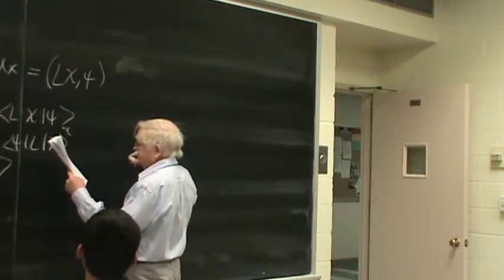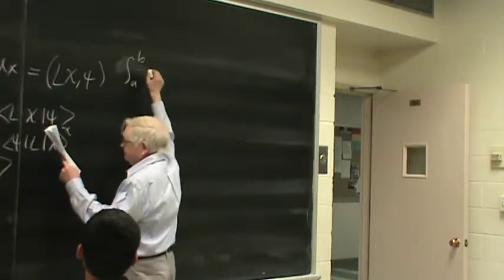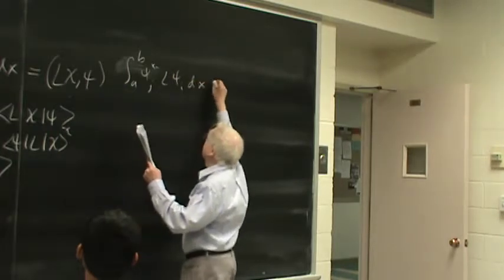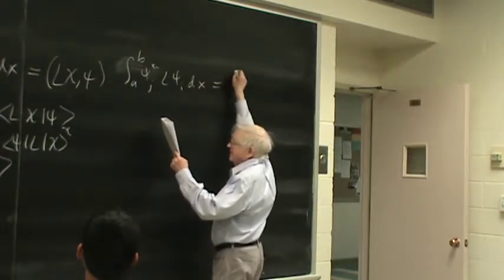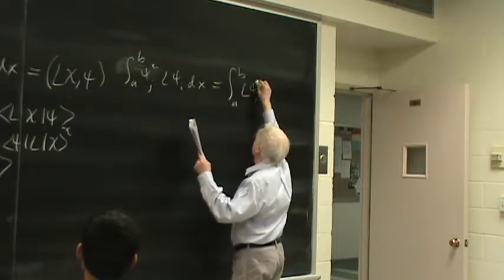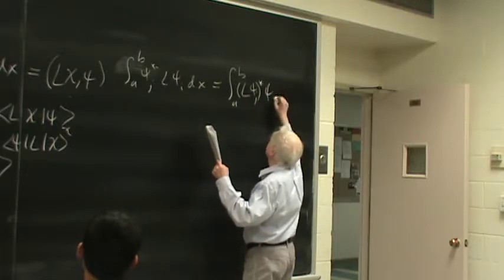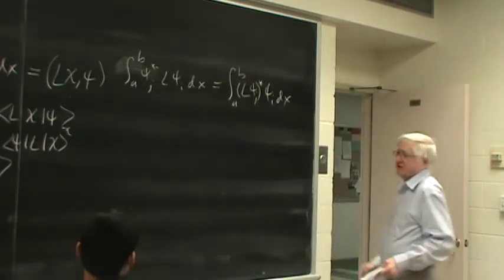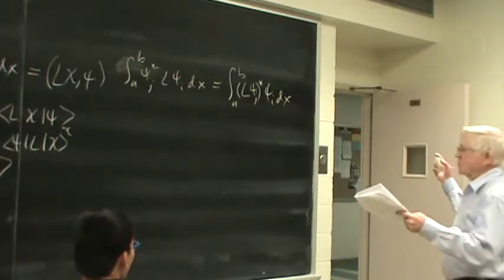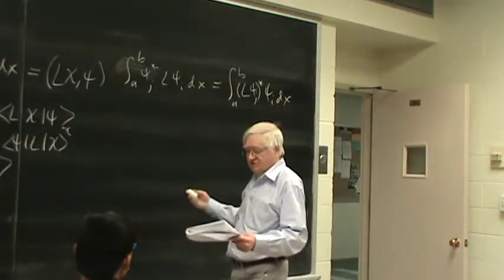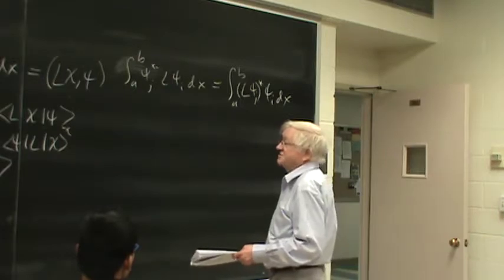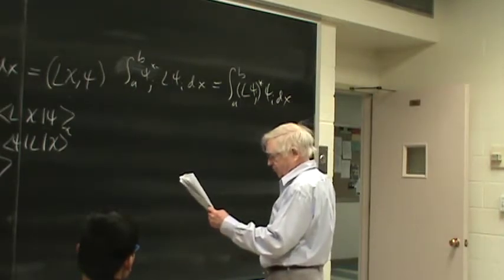What we use is that the integral AB of psi j star L psi I dx is equal to the integral AB of L psi j star psi I dx. That's because it satisfies the Sturm-Liouville system, and the functions also satisfy the boundary conditions, so the other term vanishes. This is very much like Lagrange's identity and Green's formula and so forth.